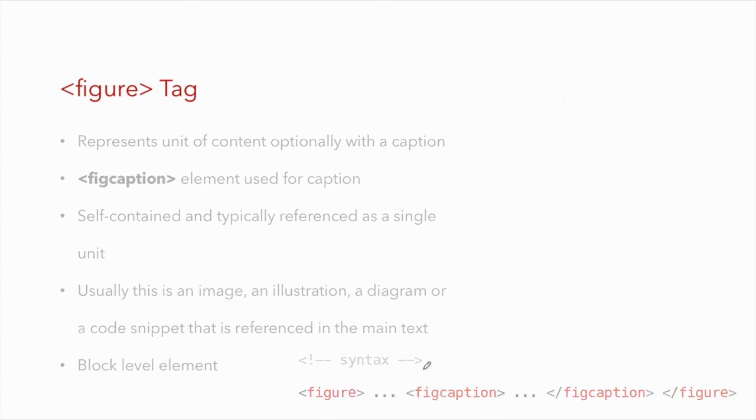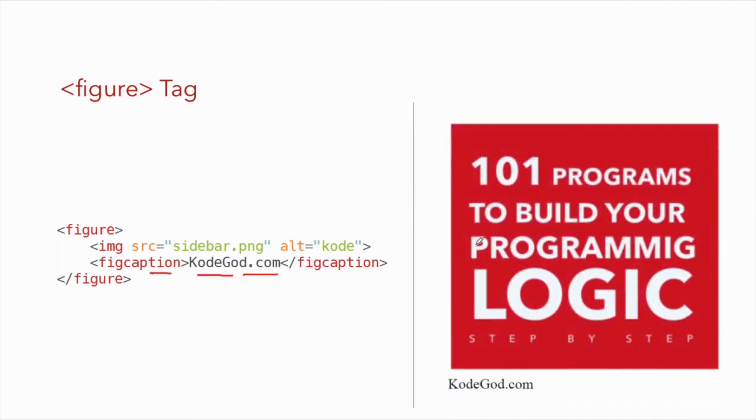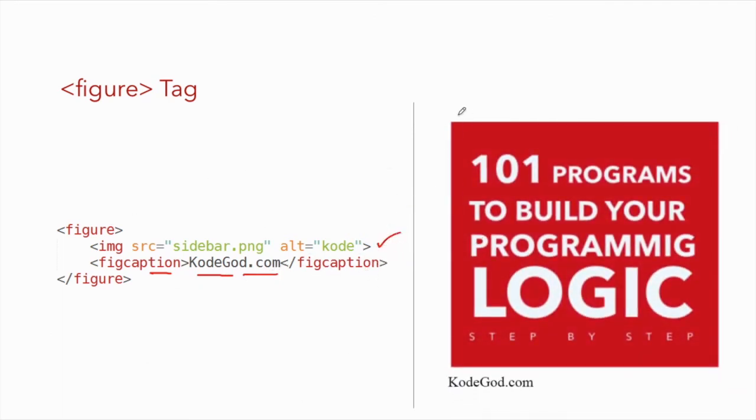You can specify the source of the image, and you can also supply a figure caption to that image. This is how your image will be displayed using the image source tag, and the figure caption will be attached to your image. This is how you can use the figure tag.